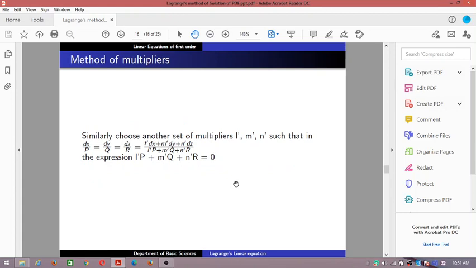Now we choose another set of multipliers L dash, M dash, N dash, satisfying the condition L dash p plus M dash q plus N dash r is equal to 0. Again we can add a term to the subsidiary equations, which is L dash dx plus M dash dy plus N dash dz divided by L dash p plus M dash q plus N dash r.